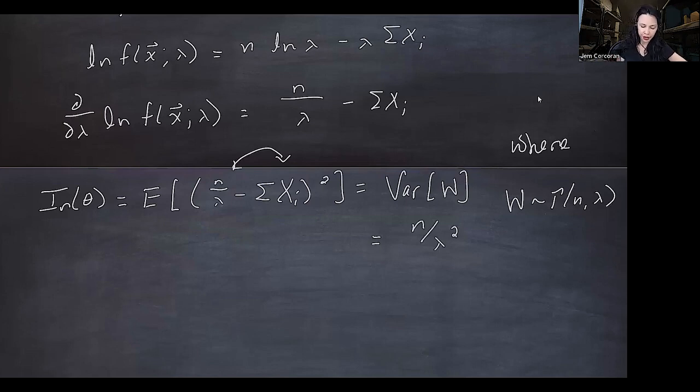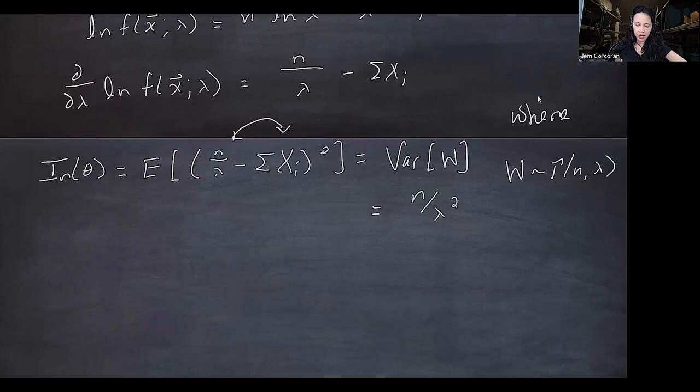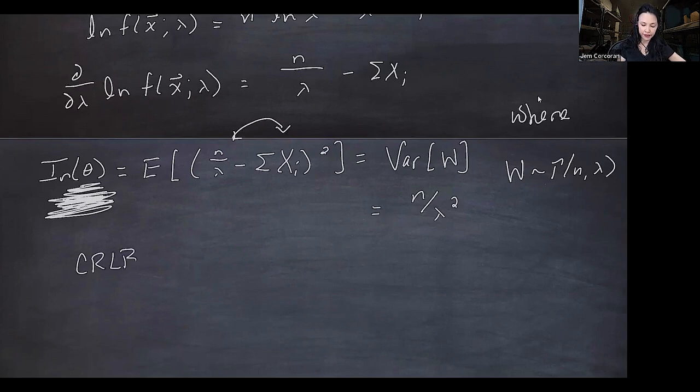So that's just a Fisher information computation. This theta at the front should have been a lambda, or unless you just want to say it's standing in for my generic parameter, but that's not what I meant. So this theta with this big underline should have been a lambda. Okay, so just so we don't forget that there's a computation that this is only a part of: the Cramér-Rao lower bound for lambda.